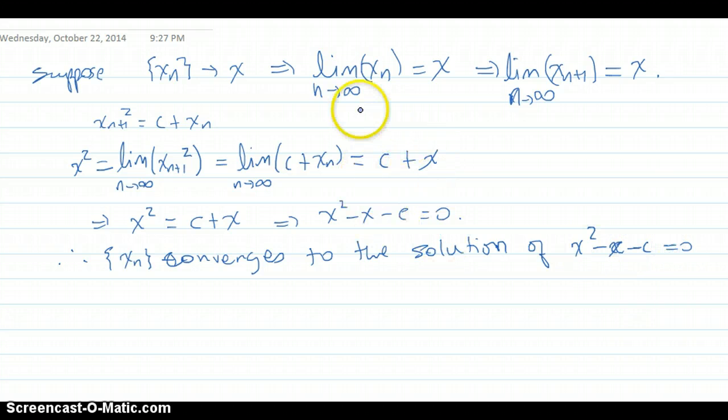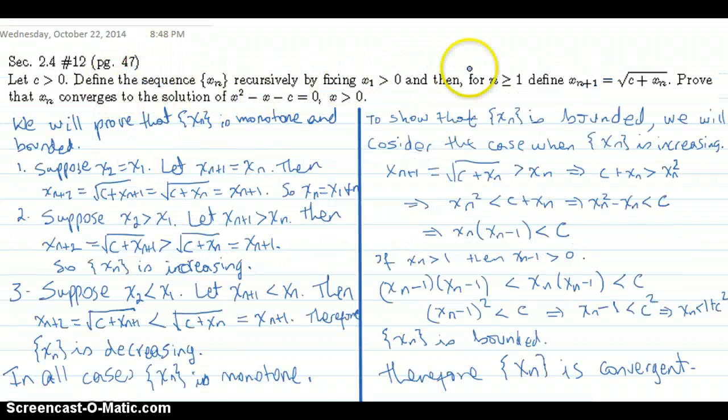Obviously, since the terms are all positive, they can only converge to the positive solution of x squared minus x minus C. So that ends the proof of the problem. They wanted us to prove that x_n is convergent, and it converges to the solution of x squared minus x minus C equals 0. All right, well, thank you. I hope this was clear enough, and take care.